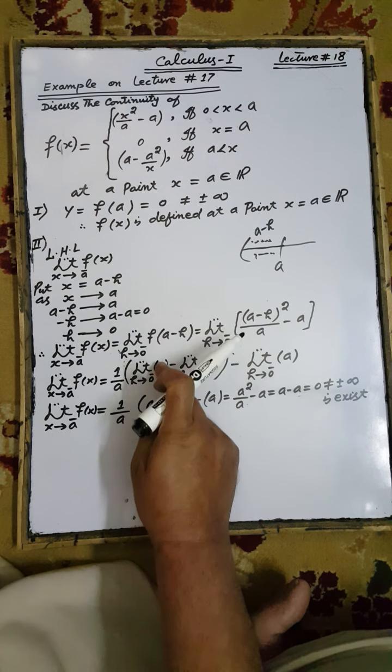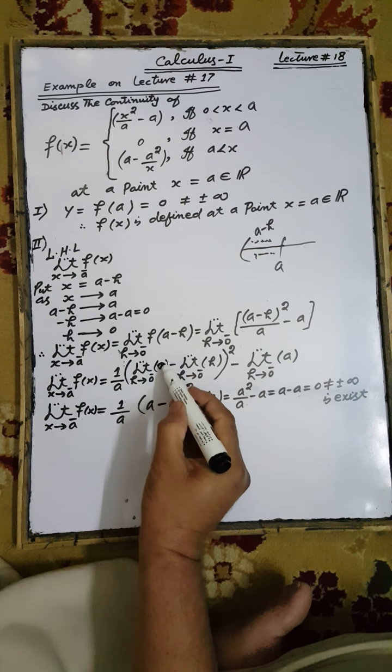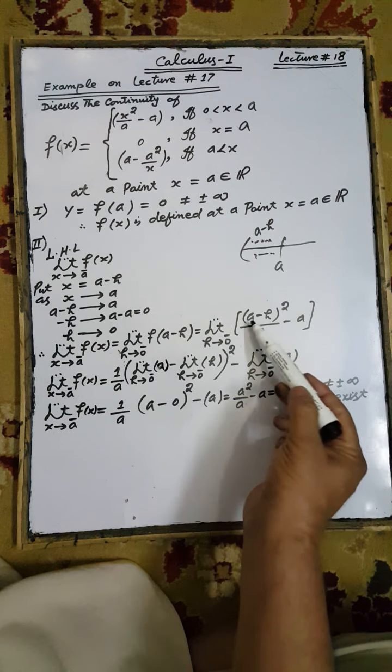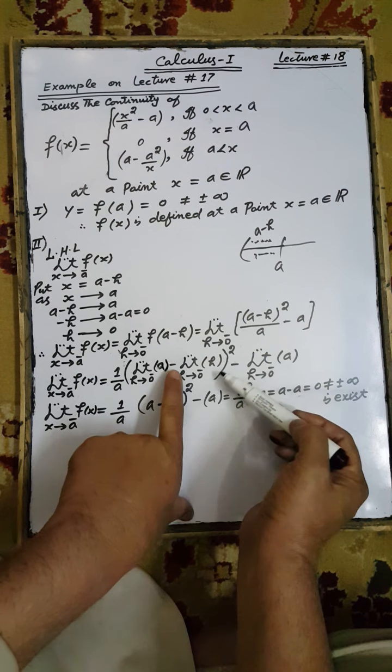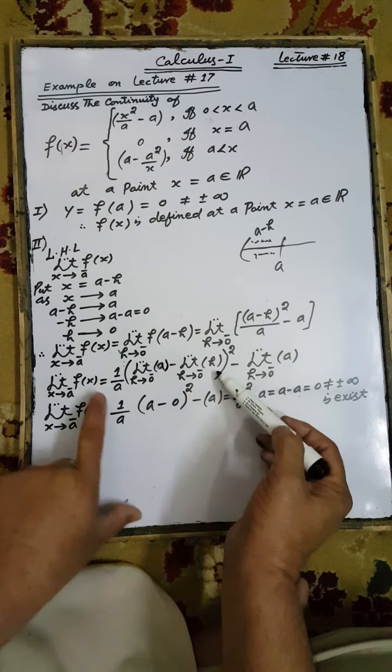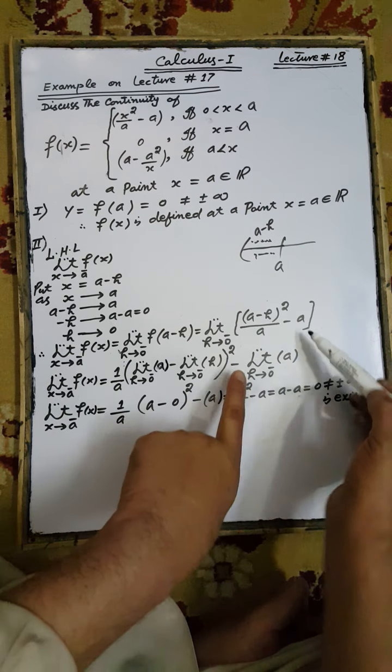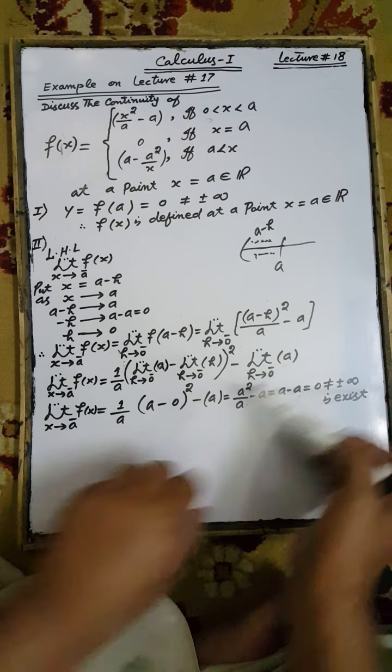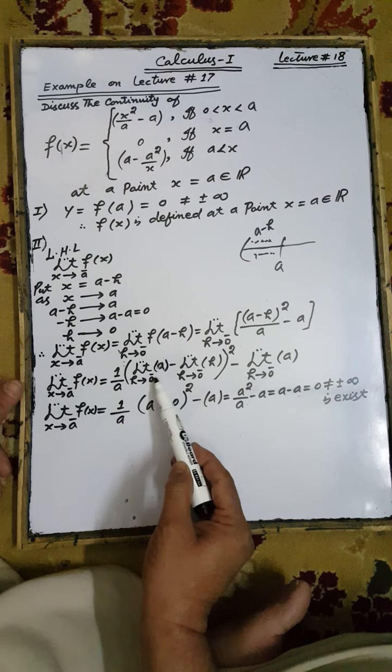The limit of a when h tends to 0 is equal to a, minus limit h tends to 0 of h whole square, minus limit h tends to 0 of a, and 1 divided by a is constant with respect to the limit.